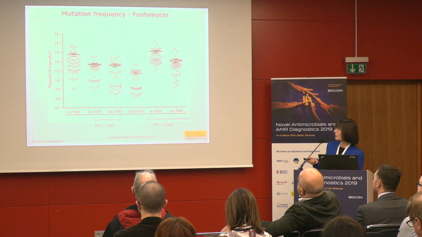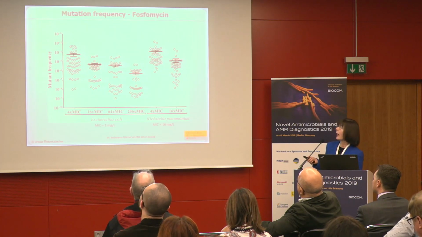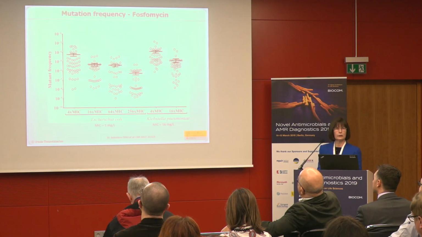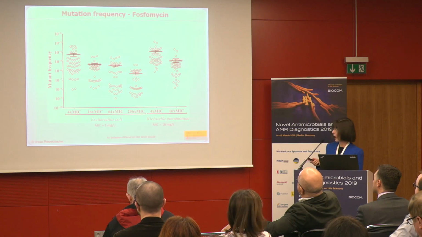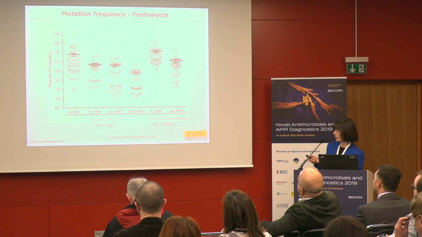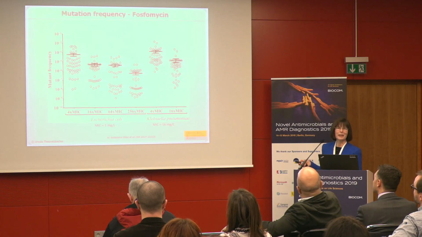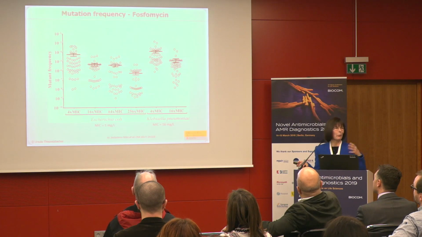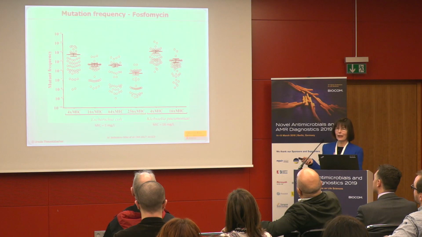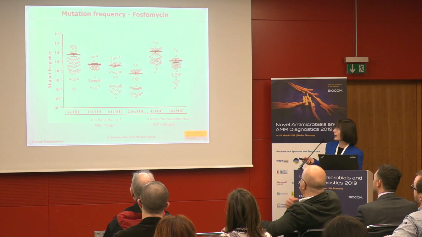And this can be illustrated here, also fosfomycin in this mutation frequency study with several strains, and you can see this variety. So that's the reason why there is no one number of frequency of mutation, but you usually have quite a range of results.